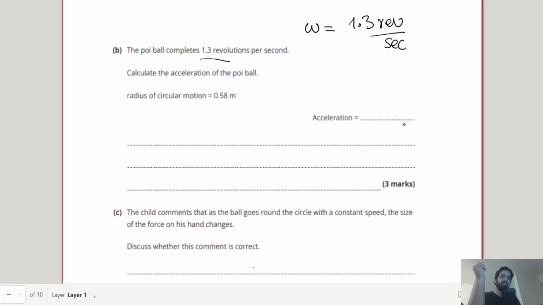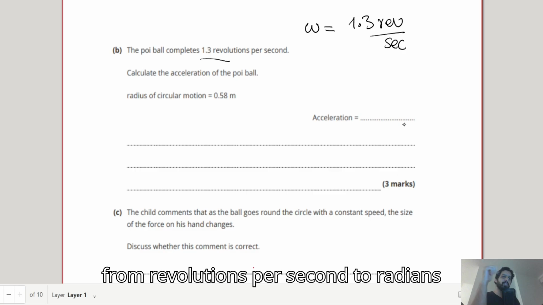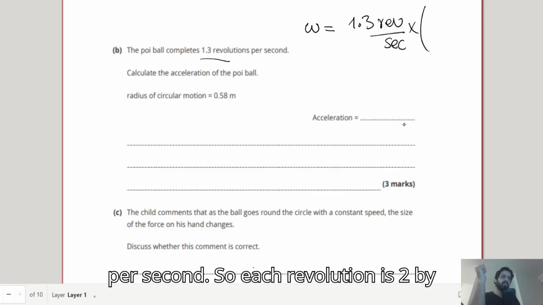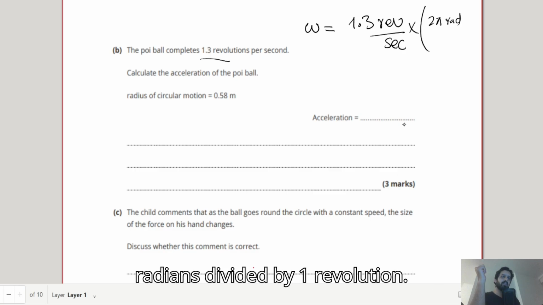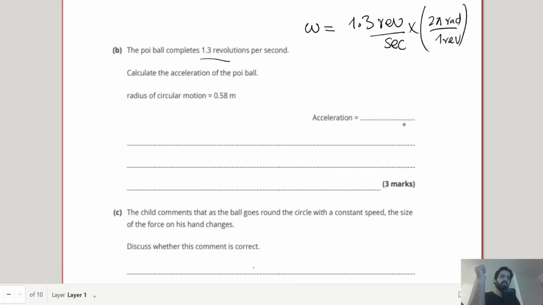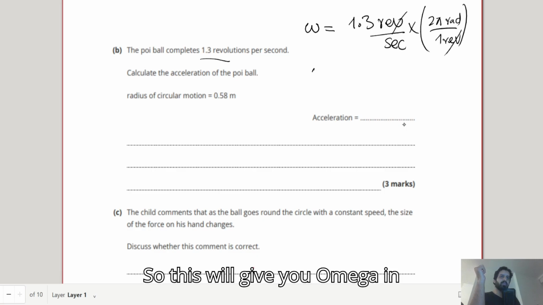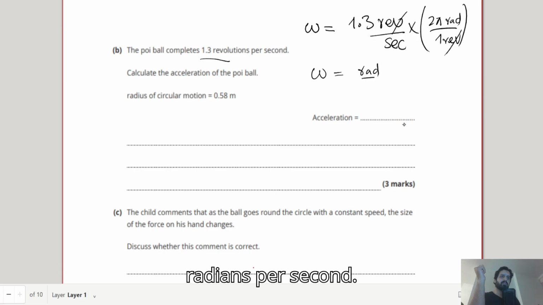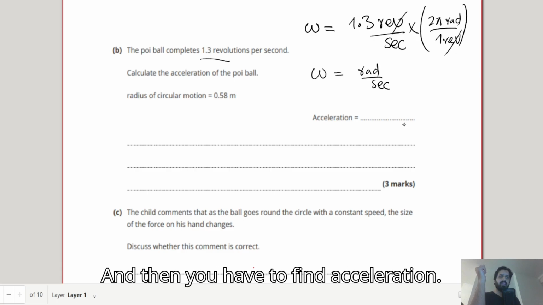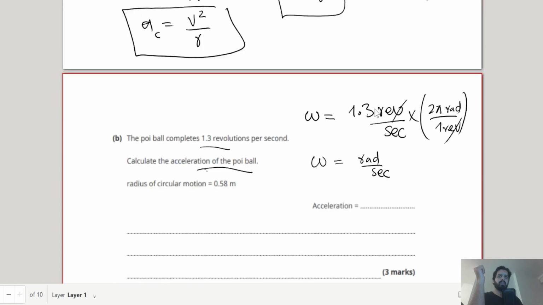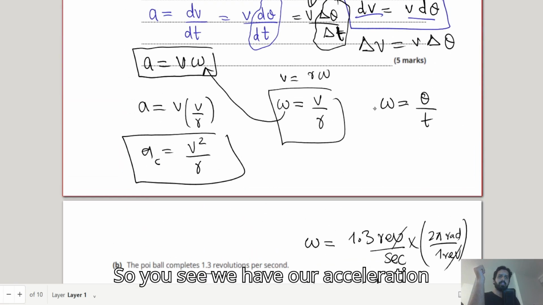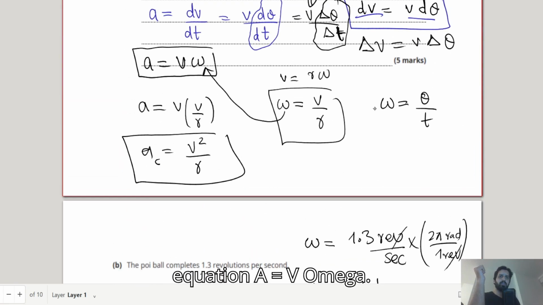We can convert from revolutions per second to radians per second. So each revolution is 2 pi radians divided by 1 revolution. So this will give you omega in radians per second. And then you have to find acceleration. So you see we have our acceleration equation, A equals V omega.